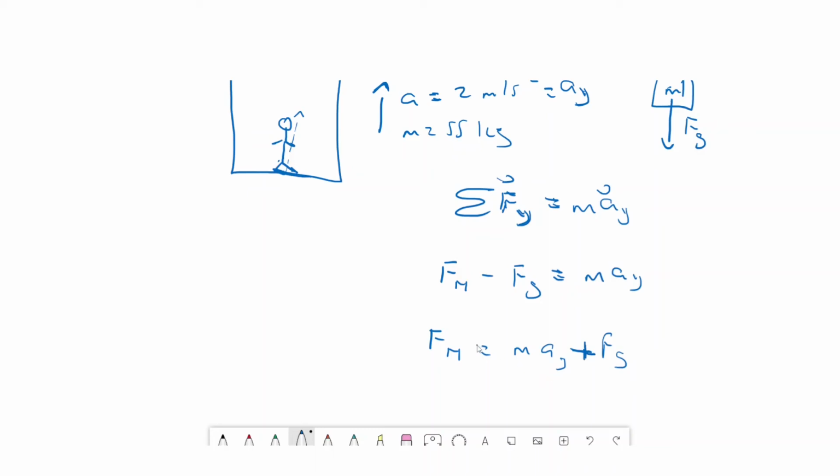So the normal force here is going to be 55 multiplied by a, which is 2, plus 55, because remember this is mg. Let me not skip the steps because some of you may be confused. This is going to be may plus mg.